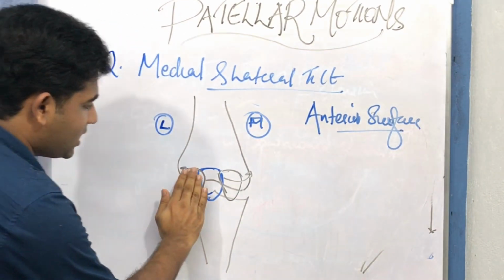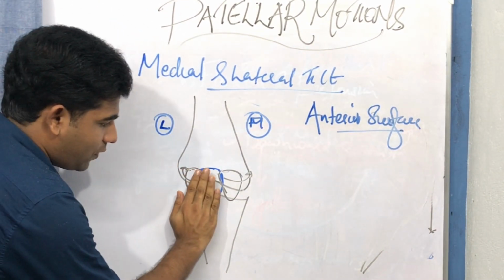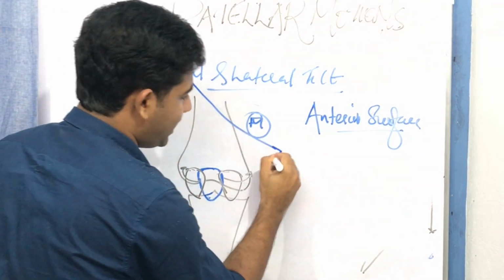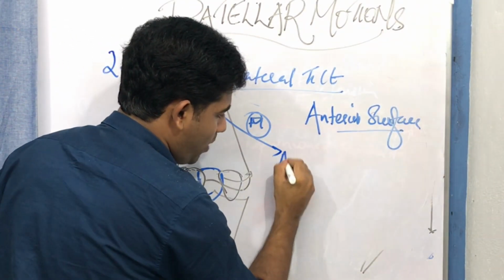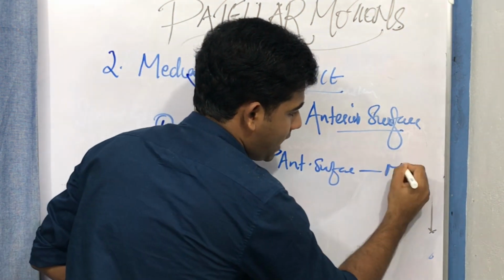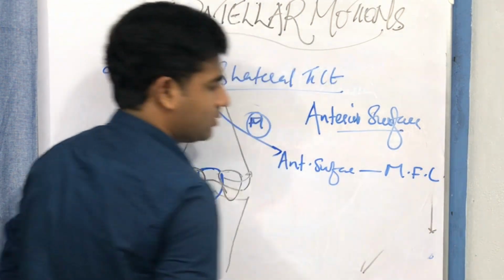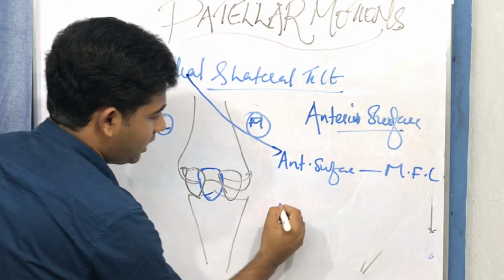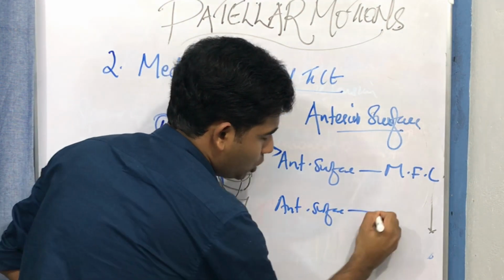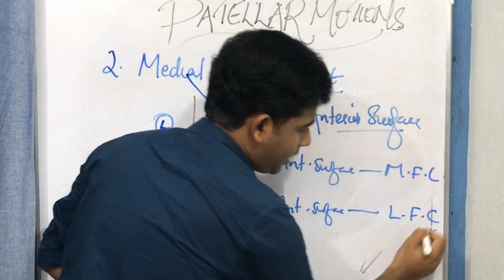And the lateral tilt is the movement of the anterior surface to the lateral femoral condyle.